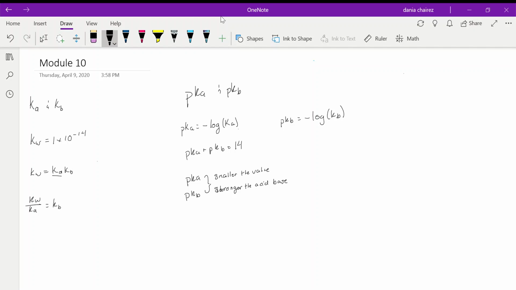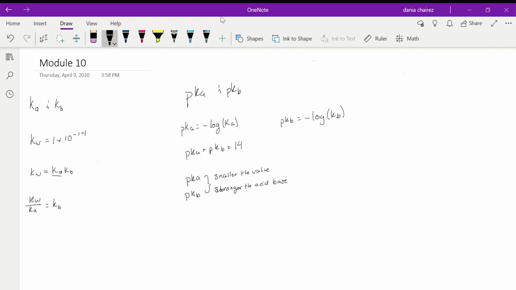So it's kind of the opposite of your Ka, Kb, whereas with your Ka and Kb, the larger they were, the stronger your acid and base. But with pKa, it's the smaller they are, the stronger your acid or base. Right.